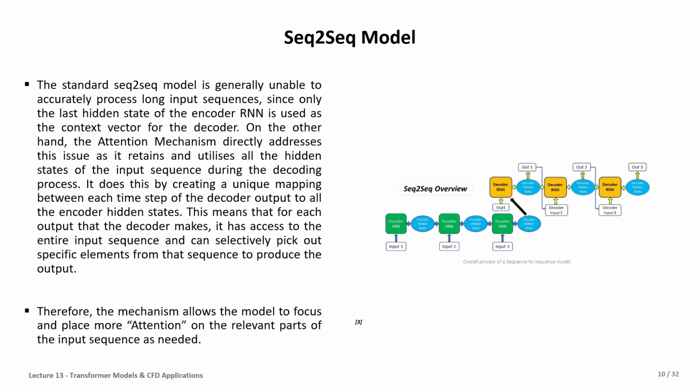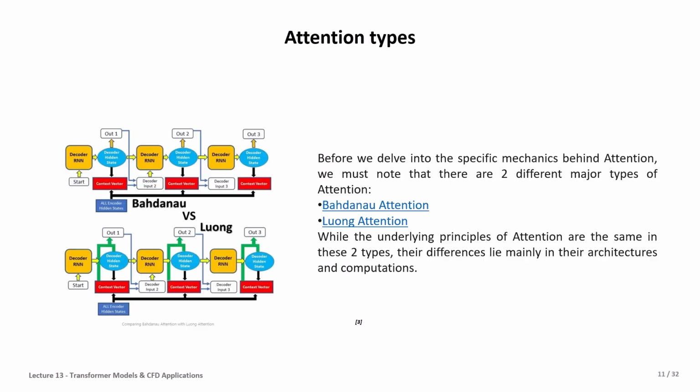So the transformer, with this idea of mapping the output to all the input, makes this challenge easier to work with long periods of data, and we can use it for sequential models like time series.